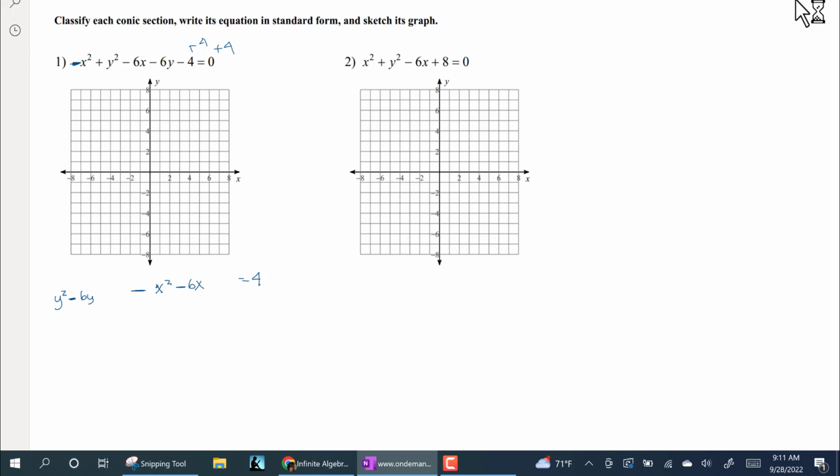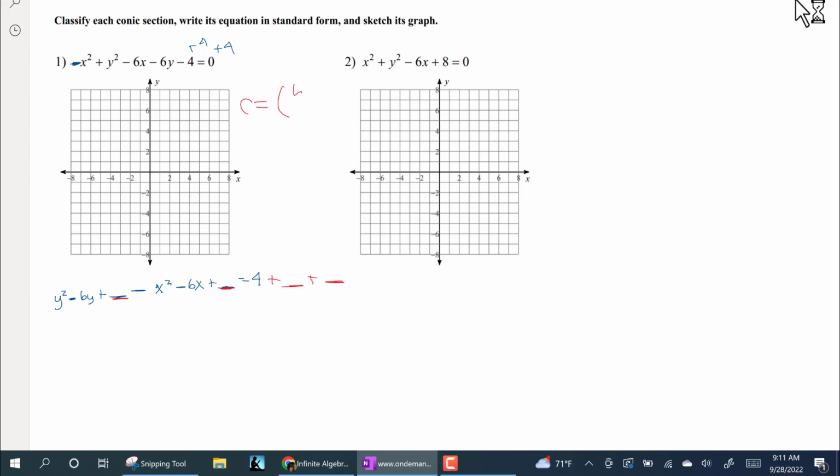All right, so now we're going to complete the square. Remember, there's a plus blank that will go there and a plus blank that will go there. Because we're going to add a term there and a term there, we have to add those terms to both sides. So remember what C is.